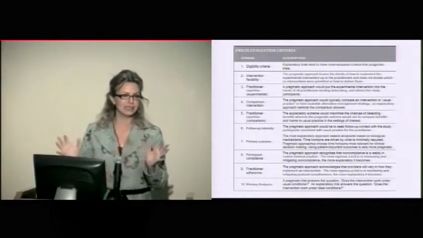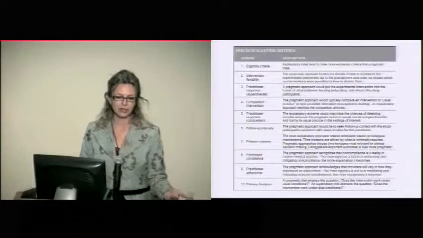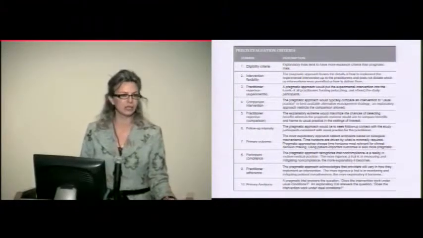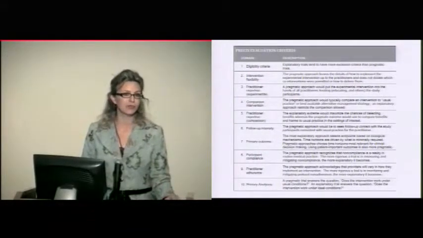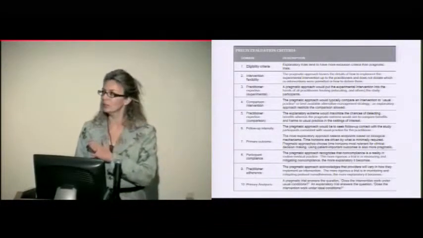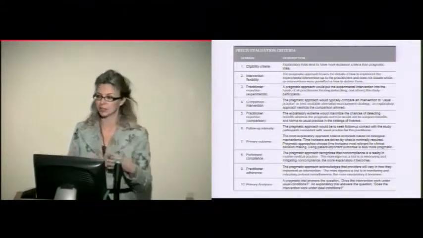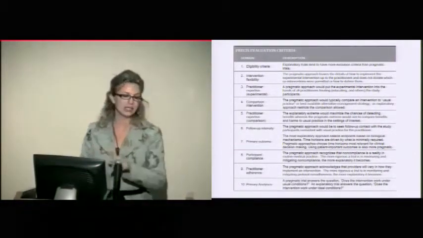With that, obviously, the conclusions that can be made are going to be less generalizable. Similarly, a more pragmatic trial will allow for some flexibility in how the intervention is implemented. The more explanatory will want to train the implementers very well and rigorously control what's actually happening. And that's true for the other components.